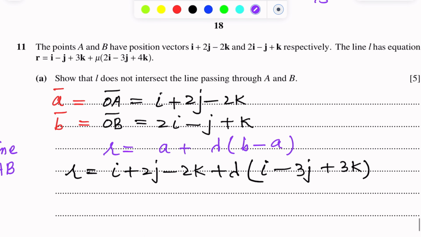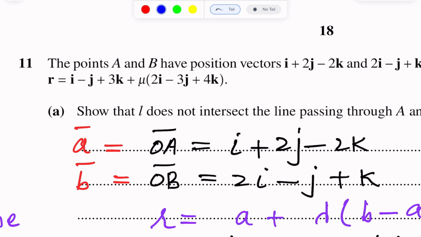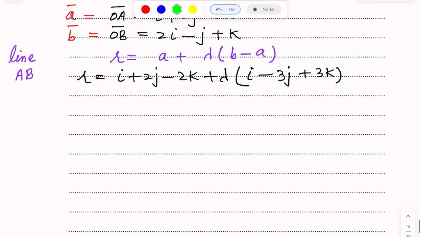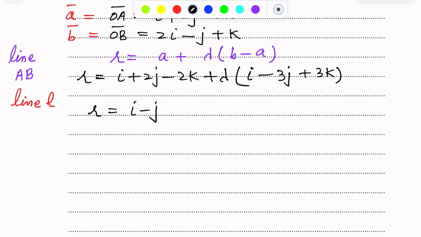Now the vector equation of the line L is also given. Line L, that is r is equal to i minus j plus 3k plus mu into 2i minus 3j plus 4k.